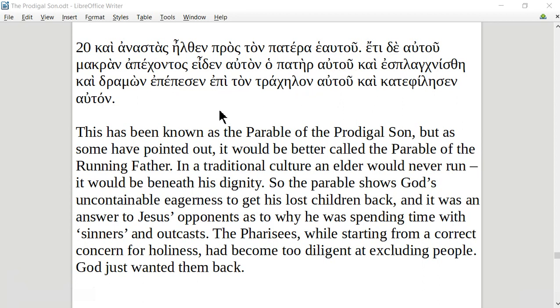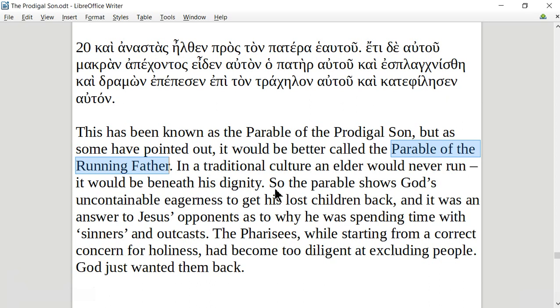auton. Comment here, this has been known traditionally as the parable of the prodigal son, but as some have pointed out, it would better be called the parable of the running father. In a traditional culture like this, an elder would never run. It would be beneath his dignity.